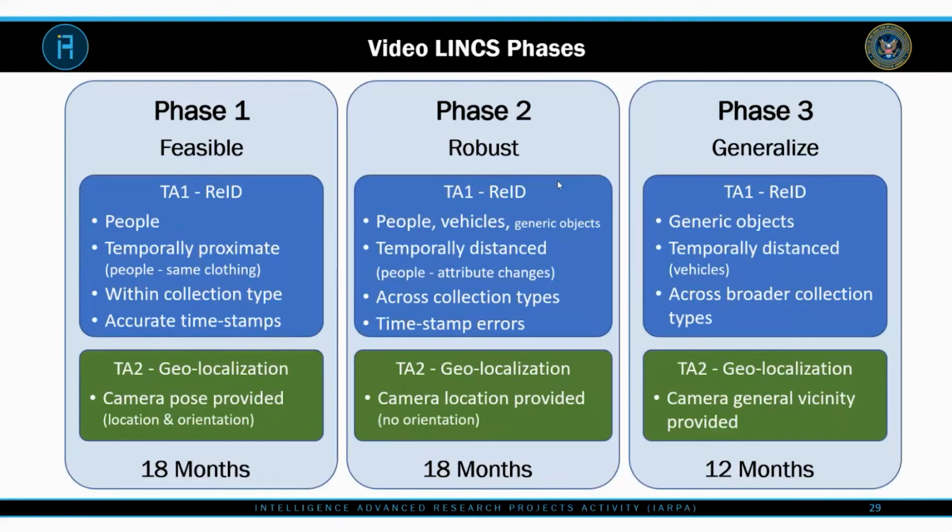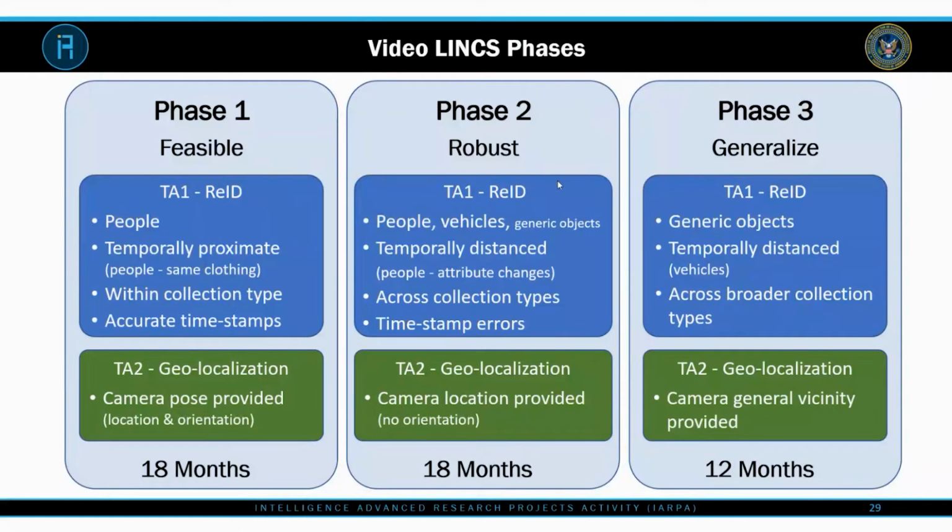Video LINKS will be a 3-phase program with two 18-month phases followed by a 12-month phase. In the first phase, the re-ID objectives for TA1 will focus on people where they are temporally proximate, meaning that those temporal attributes will primarily remain the same. We're looking within a collection type. So we talked earlier about different types of video sensors that would perform a collection.